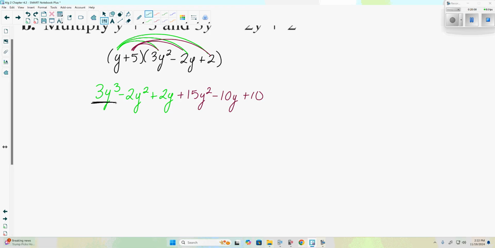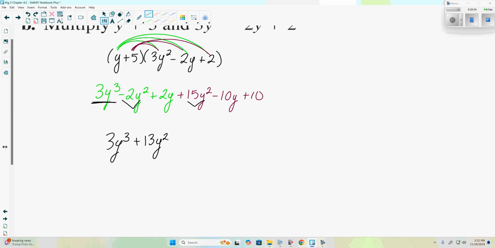Now combine like terms. Well, 3y cubed is still the only term with y cubed. No other term has y cubed, so it's by itself. Now, negative 2y squared and 15y squared are like terms. Negative 2 plus 15 is going to give us positive 13, and we still have our y squared.